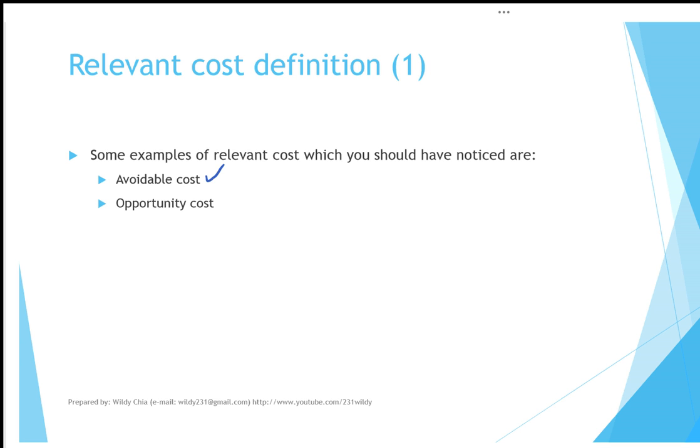Yes, I can. And another example of relevant cost is opportunity cost. Opportunity cost arises when you have to turn away customers. When you turn away customers, the loss in sales, the loss in revenue is an opportunity cost.